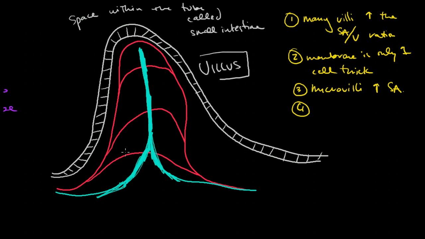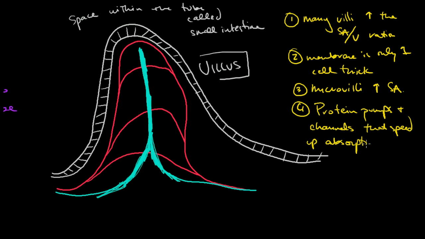Fourth, I said things diffuse across the membrane, but in that membrane there are also protein pumps and channels that speed up absorption. Fifth, there are mitochondria that sit inside these epithelial cells or the membrane cells that produce ATP or energy molecules to fuel the protein pumps.